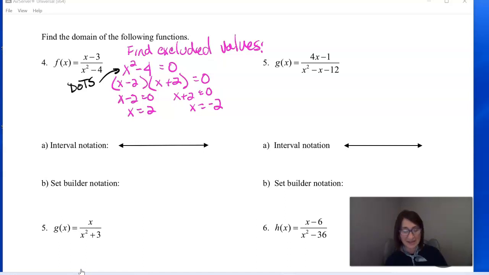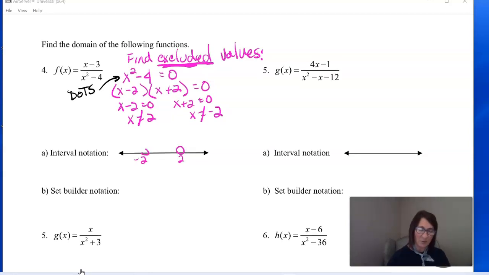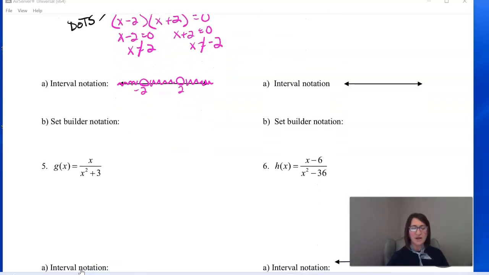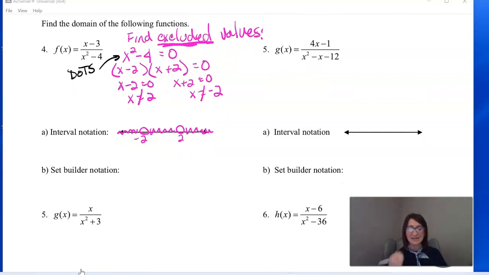They are excluded from the domain. Means x cannot be 2, cannot be negative 2. So let's go ahead and put negative 2 and 2, and we'll put open circles there and shade everything outside of those open circles. So now we can easily find our intervals.